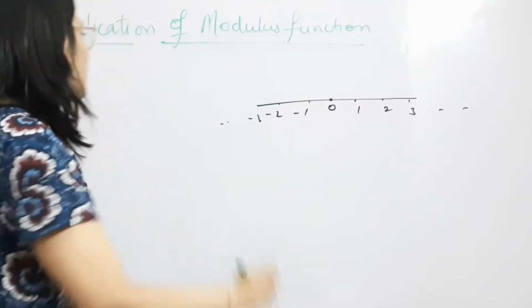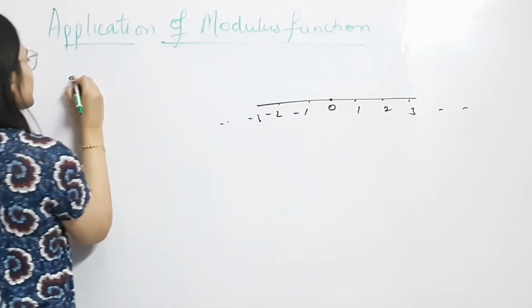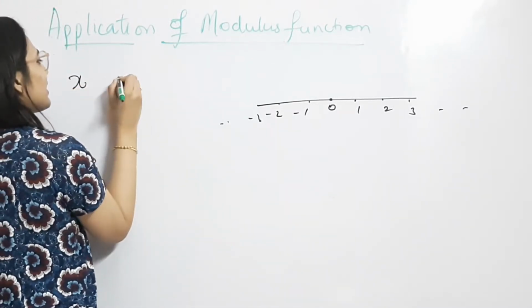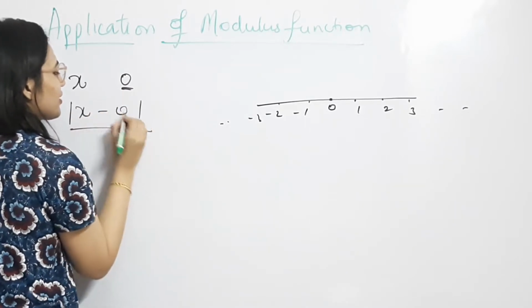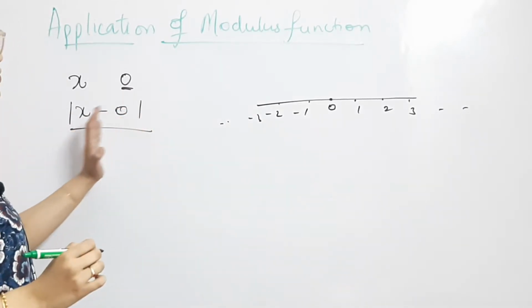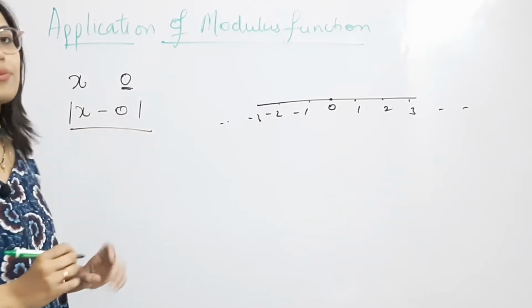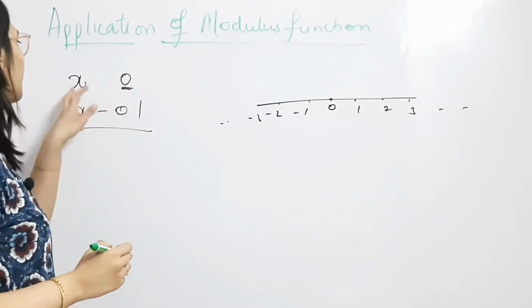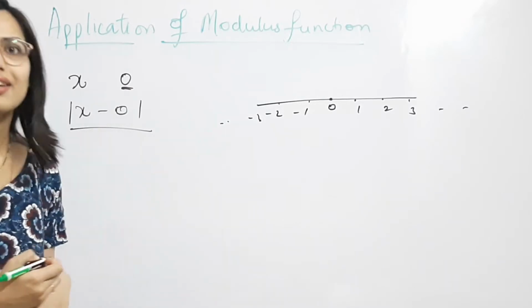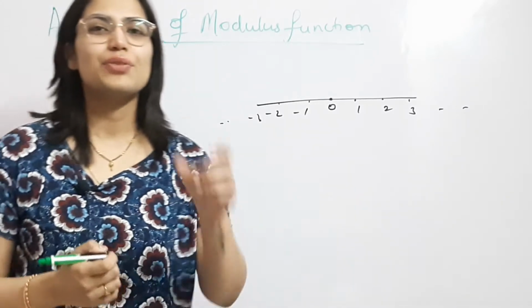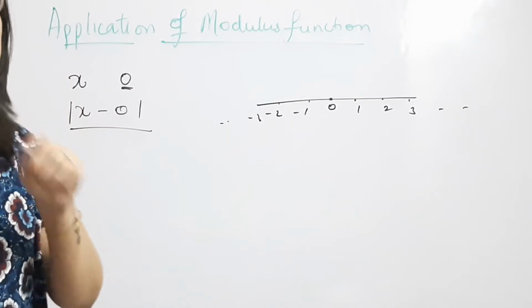That is, if you say I want to know the distance between x and 0, you write this, right? The difference between x and 0 will give me the distance of x from 0, and you will put the modulus sign here because we know for a fact that a distance is always positive.